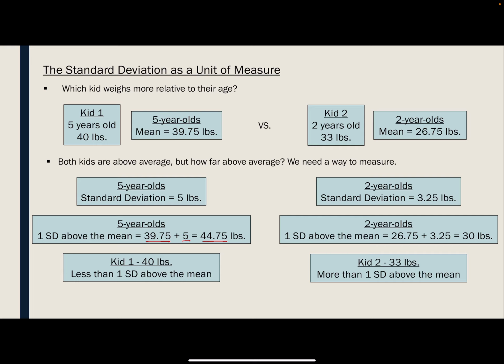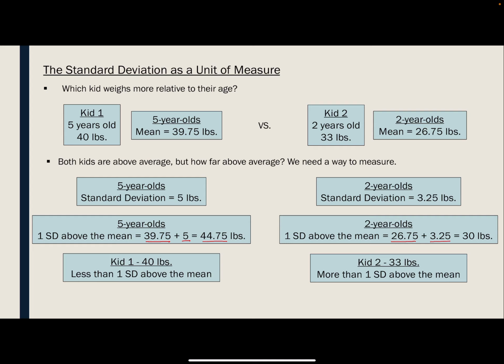Whereas with the 2-year-olds, say I know that the standard deviation is 3.25. If I take the mean and I add that standard deviation once, I get 30. So the 2-year-old who's 33 pounds is above the mean, but also more than one standard deviation above the mean.